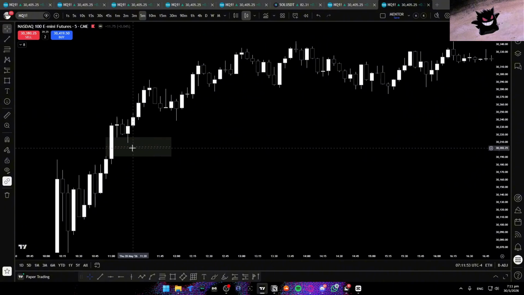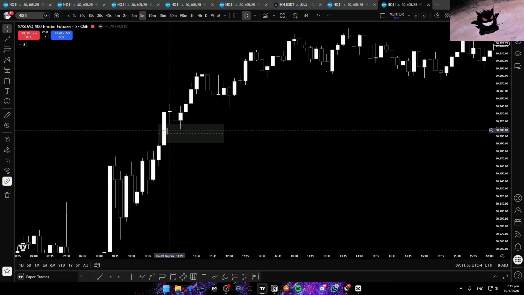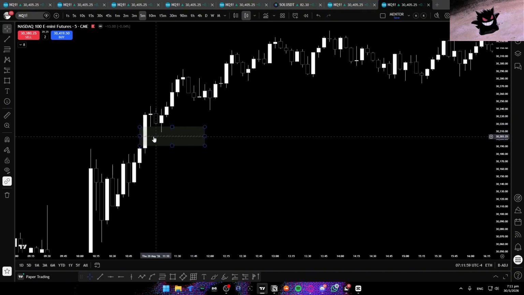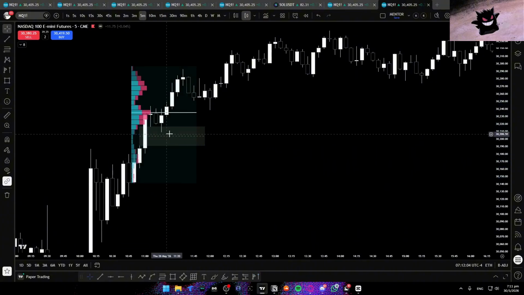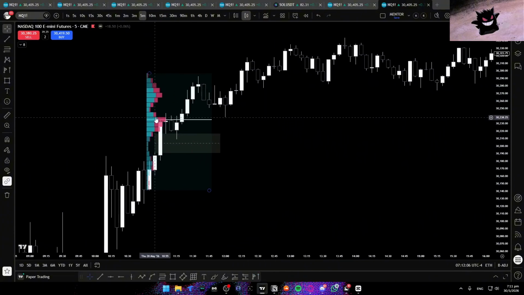So a little bit of a background story as to why this works. You don't really need to know it. You just need to know what it does, okay? But if I whip out the volume profile, this is a bit advanced, okay? But like I said, you don't really need to know this. What it is essentially is a gap in volume.